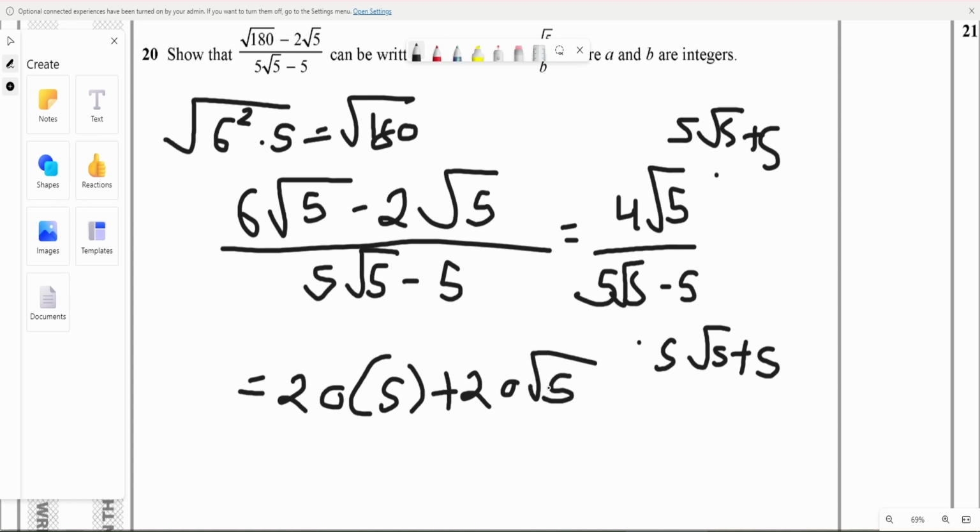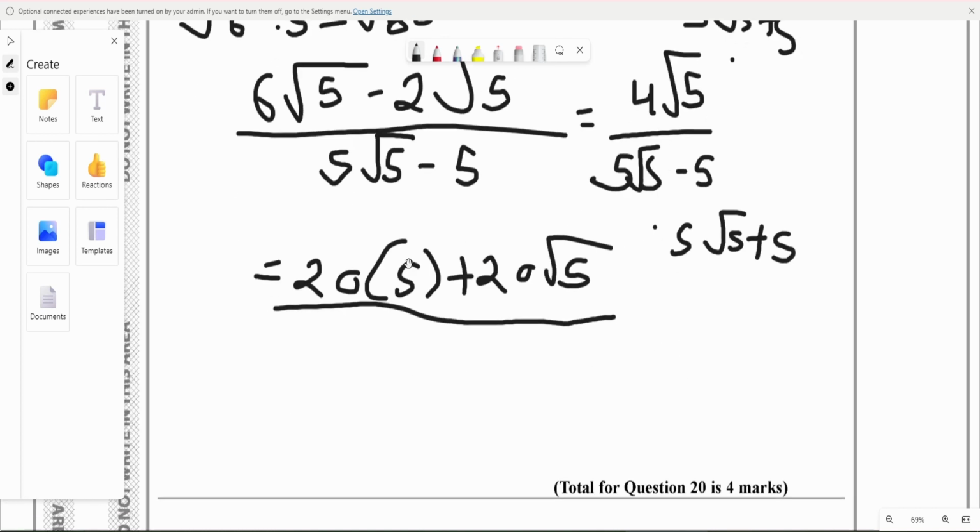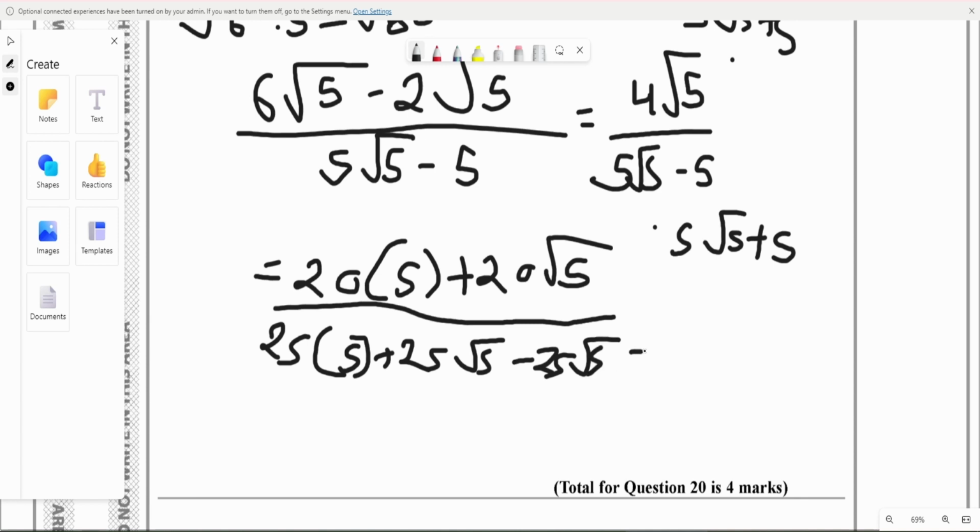Now on the bottom, the root will cancel out. So on the bottom we're going to get 25 times 5 plus 25 square root of 5 minus 25 square root of 5 minus 25.